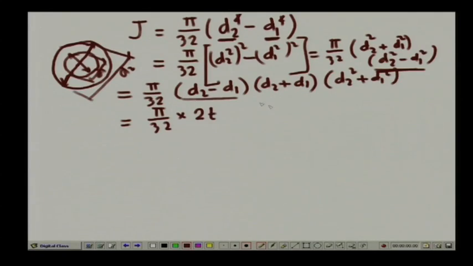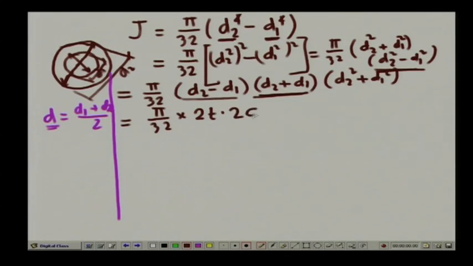Now, this term d1 plus d2, we can designate as the average diameter, and we can write d equals (d1 plus d2) by 2. So d2 plus d1 we write as twice d.